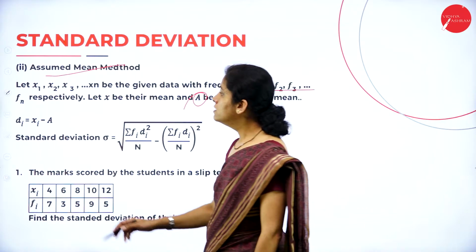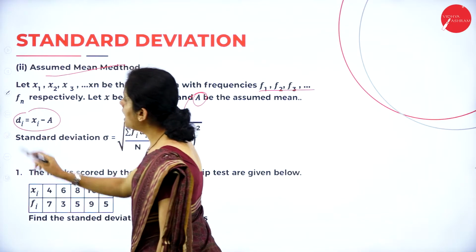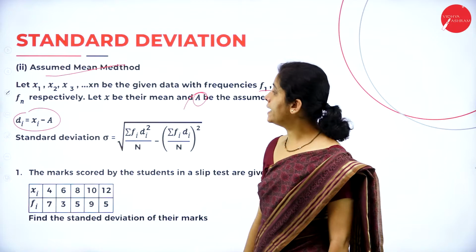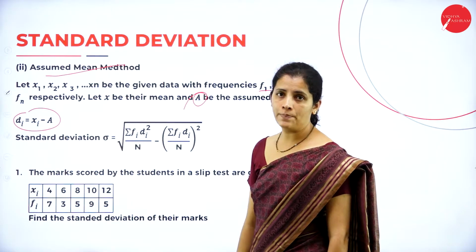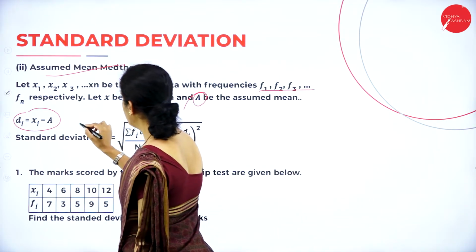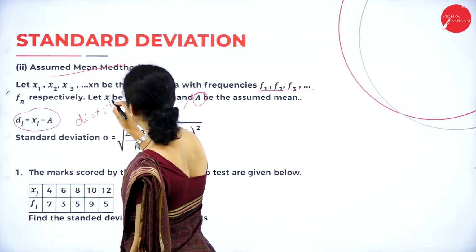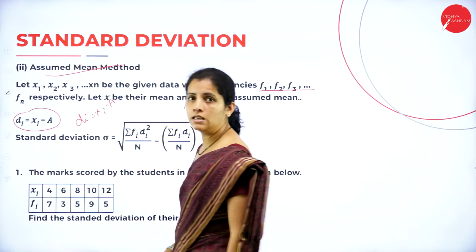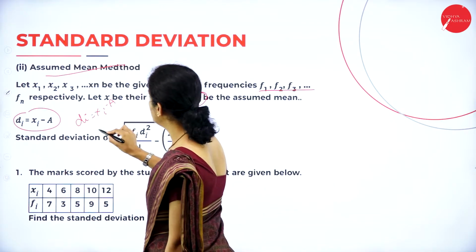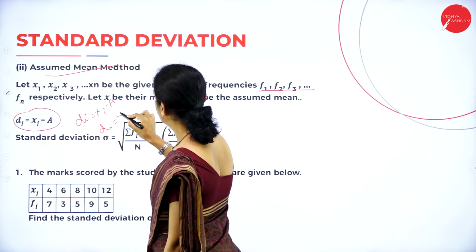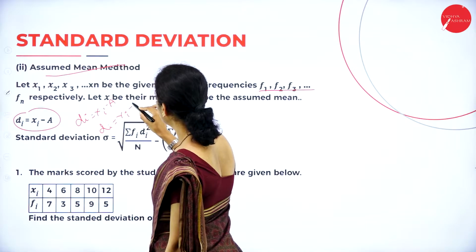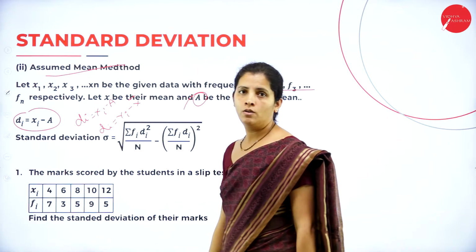So here, what is di? Di is nothing but xi minus A. Instead of mean method, I'm having di equal to xi minus A. If I considered mean method, it is di equal to xi minus x bar. Okay, fine.